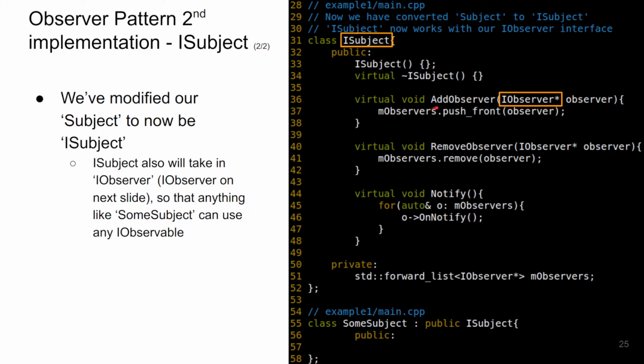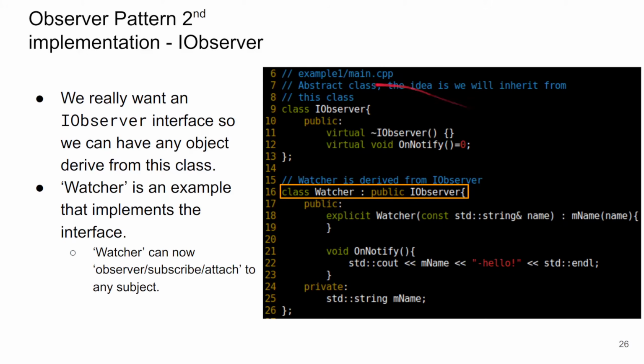And then you'll see that in our add observer, we are also going to be taking in anything that could be an observer. So we're going to be using our interface for observers. And our observer interface is going to look something like this. We want to create this interface, consisting of these purely virtual functions, onNotify. And we do that in C++ with equals 0.